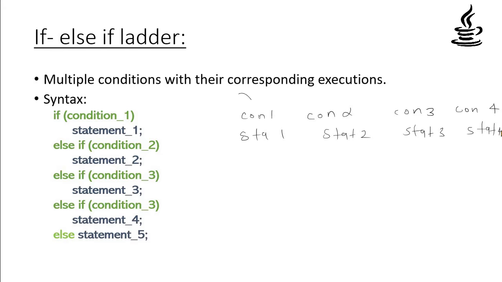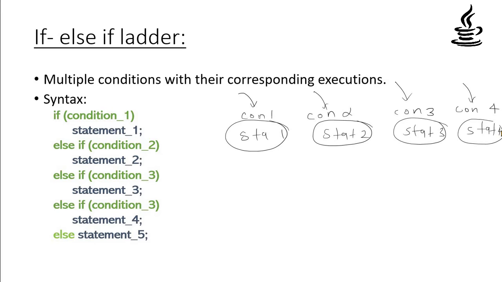If condition 1 is true, then only statement 1 will be executed. If condition 2 is true, then only statement 2 will be executed. If condition 3 is true, then only statement 3 will be executed. Similarly, if condition 4 is true, then only statement 4 will be executed.